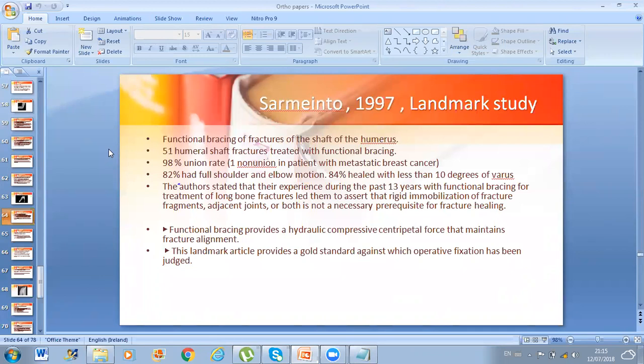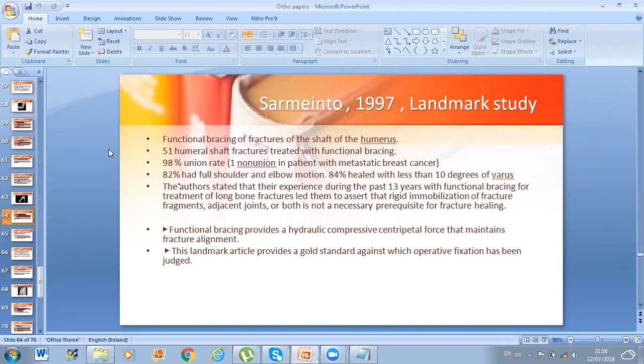Yes. Okay. So this landmark study was Sarmiento. He quoted that functional bracing of shaft of humerus fractures gives 98% union. So 98% union is achieved by functional cast brace.